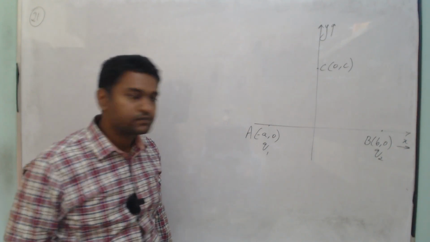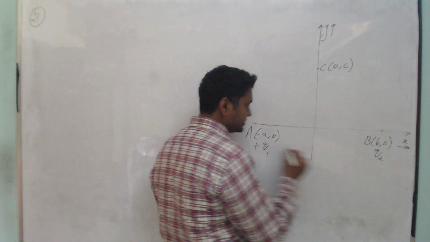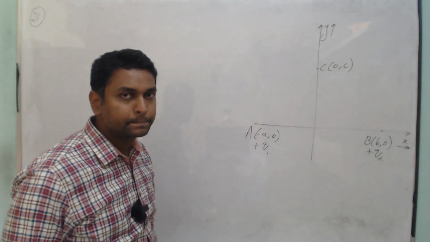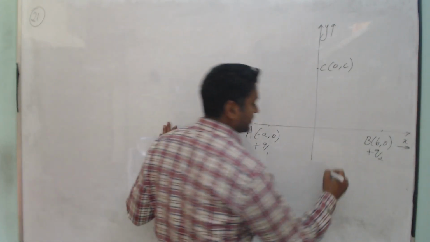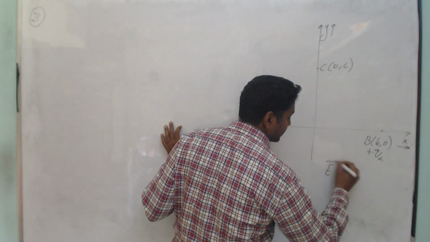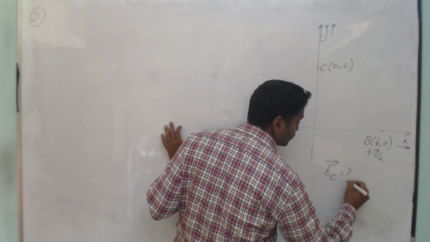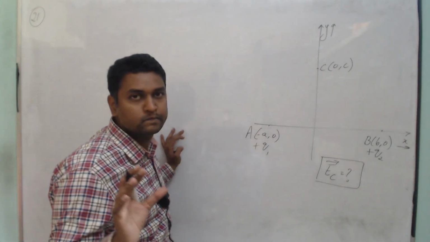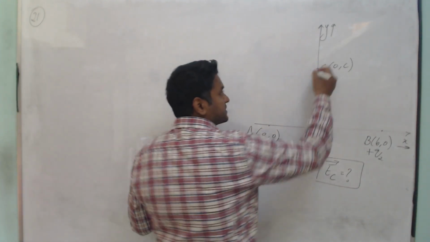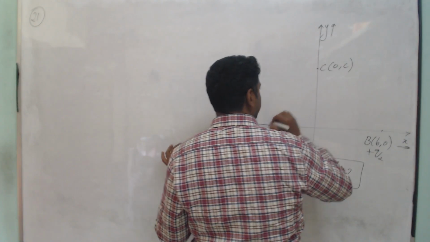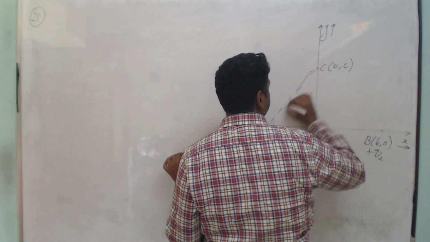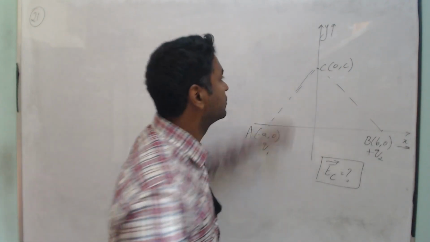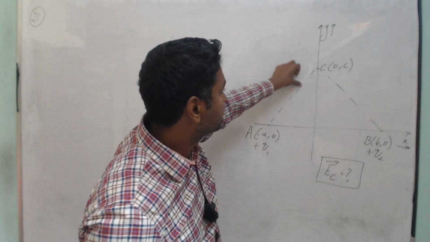One important factor is these two are positive charges. That information has to be given. So what do we have to find? Find the resultant electric field at point C due to charges q1 and q2. First, we will draw the geometry, connect these two, and connect these two.